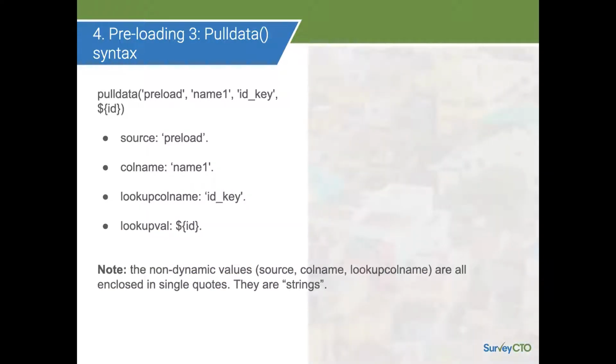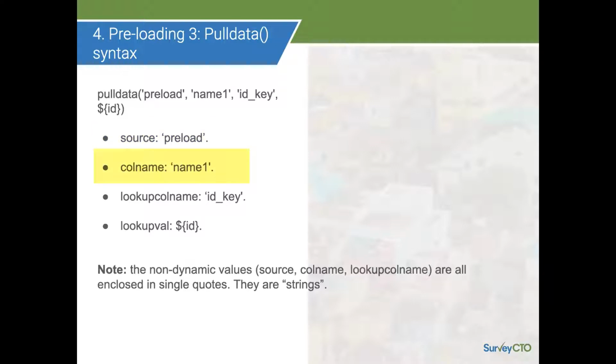So let's look at some real syntax here, or some non-notional syntax. The source here in this case, inside our form design, is named preload. That happens to be the name of my attached server data set in this case.